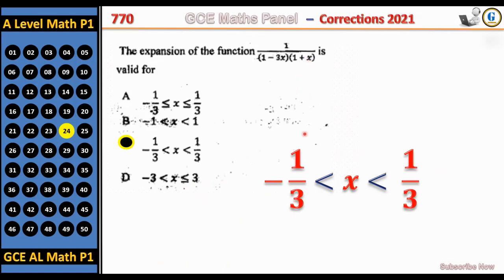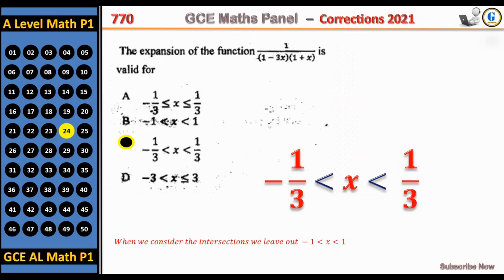When we take the intersection of the two, we have just this minus 1/3 to plus 1/3. So we take this one because we need the intersection and not the union. It has to be valid for both, and this is the only intersection that occurs.